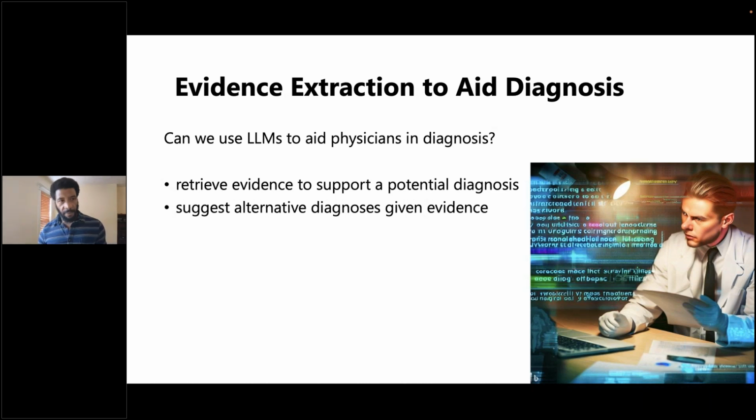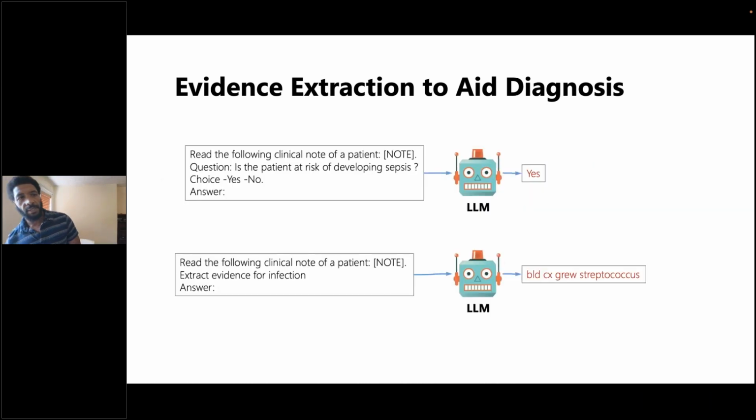Our initial experiments consist of taking a Flan-T5 model, and at the first stage, we are trying to ascertain whether these models can retrieve this type of evidence without any supervision, without fine-tuning them. Our initial experiments were based on constructing prompts and then evaluating whether the model is able to retrieve relevant information.